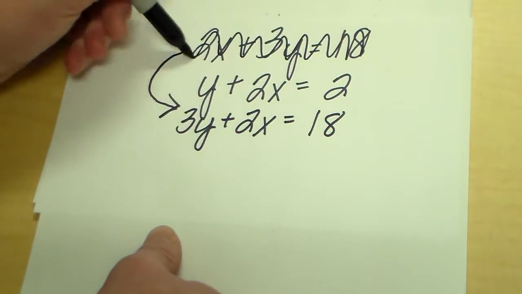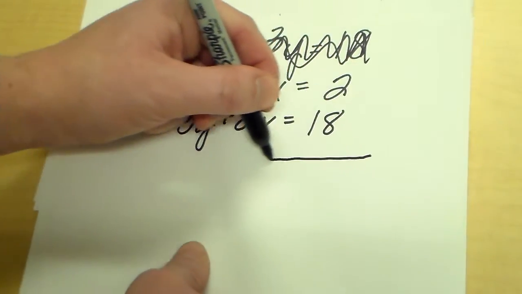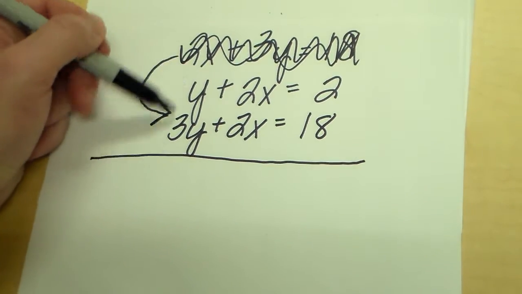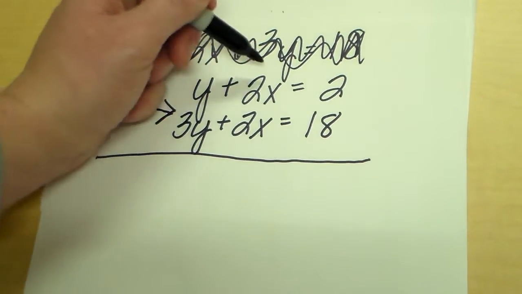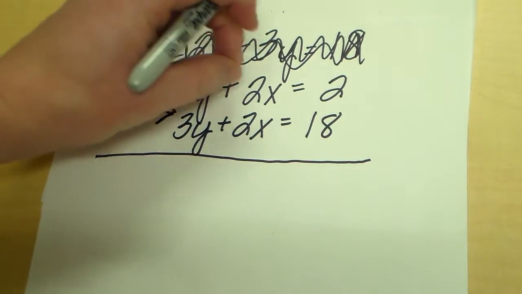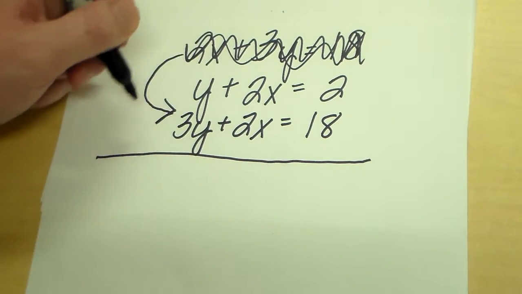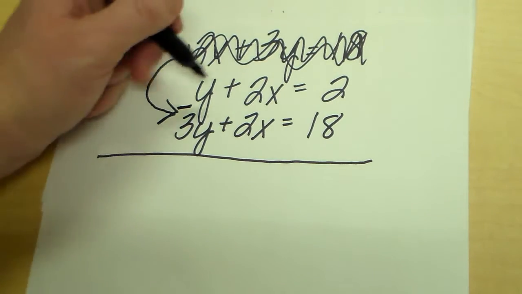So I'm scratching out that first equation so I don't get confused. They're lined up. Y's don't have the same coefficient, but my x's do. So that's what I'm canceling. They're both positive, so when they're both positive, the only way to cancel out to 0 is to subtract. So I'm subtracting my two equations.